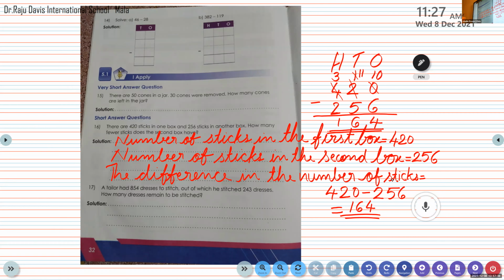How many dresses remain to be stitched? Have you all read the question? Remain, you can see the clue word it is given. So what do you have to do there? Subtract. Yes, that is subtraction.